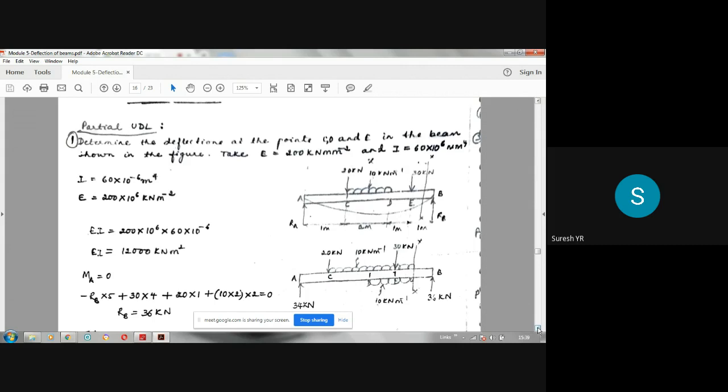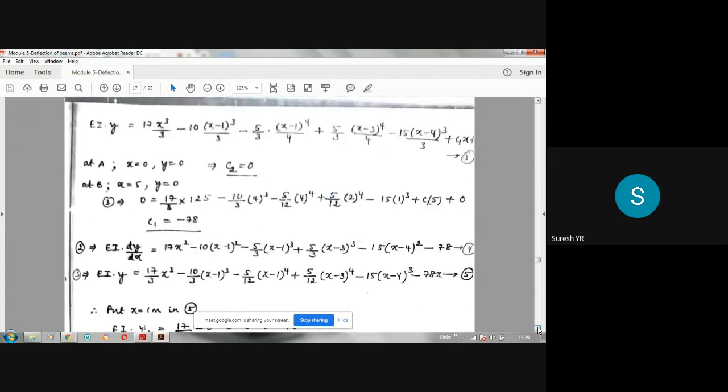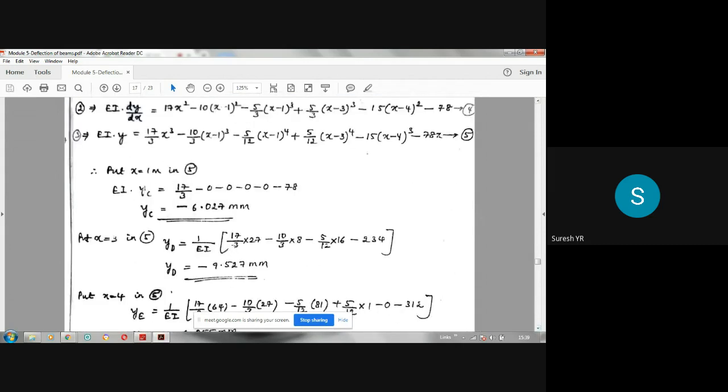So in the deflection equation, if you put x is equal to 1, you get the deflection at C. First point, so put x is equal to 1 in equation 5, the final equation. After substituting the constants, in the final equation for slope and deflection, you put the value of x. If any term becomes negative within brackets, that term should be neglected.